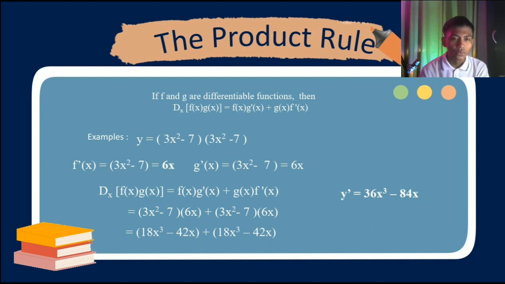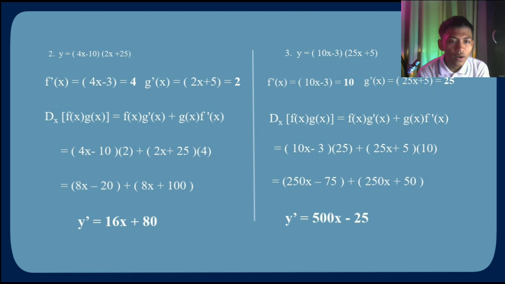Example number 2. 4x minus 10, again that's f of x, and then 2x minus 25, that is g of x. Let's find first the derivative of f of x, which is 4, and then the derivative of g of x is 2.